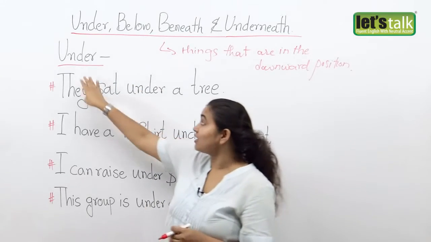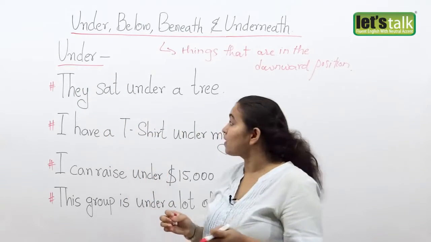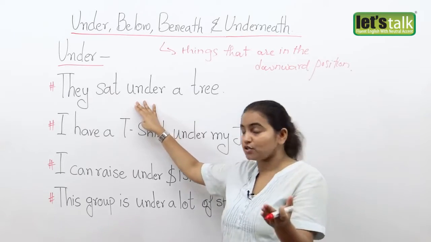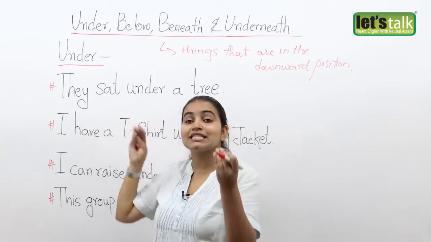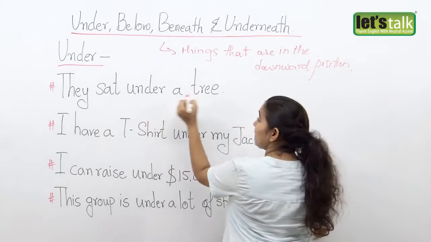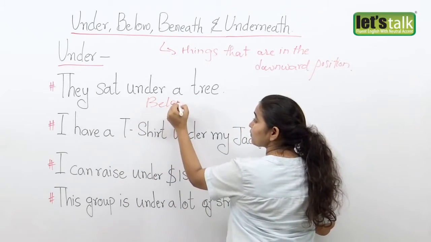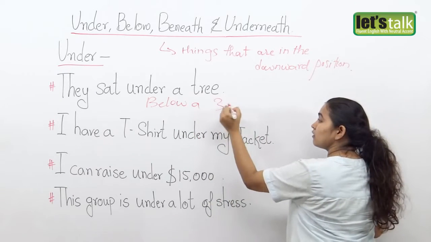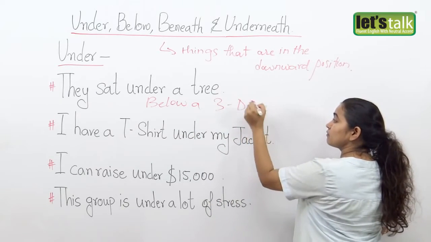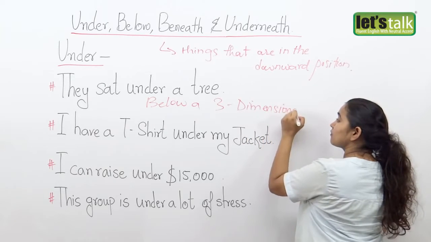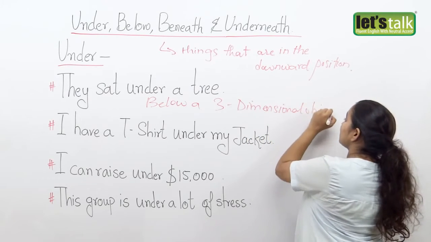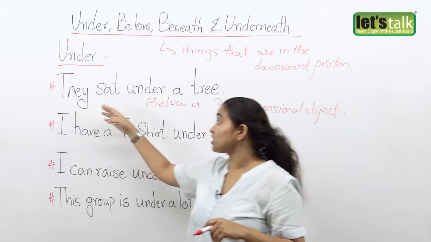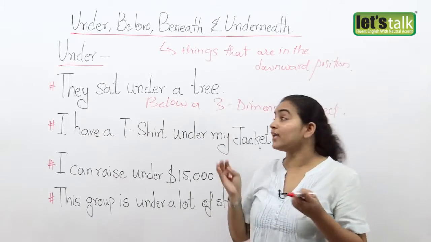Okay, the first one is the word under. Now, the first context in which you will use the word under is to talk about something that is below a three-dimensional object. So we have an example sentence: they sat under a tree.